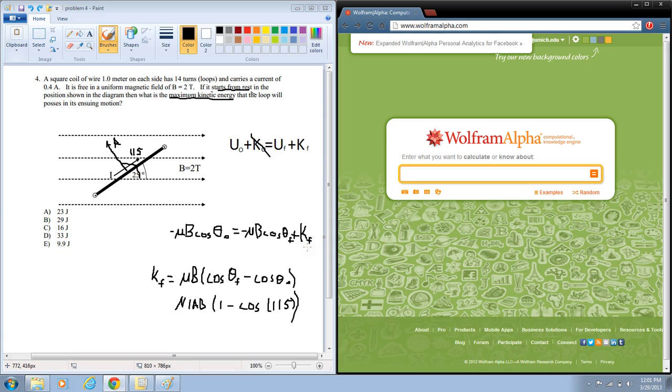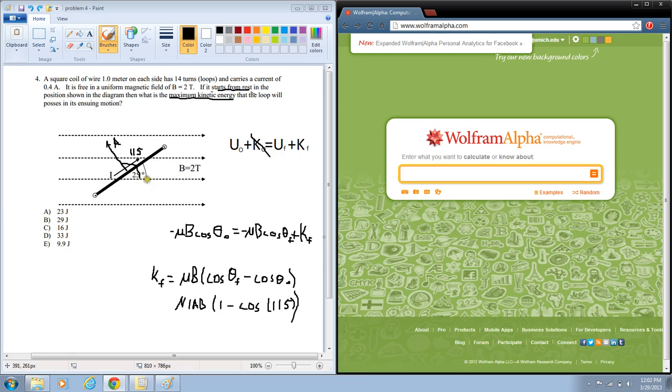Solving for our final kinetic energy, we're then given the final kinetic energy equals mu B, as we pulled out from these two equations, times cosine of theta final minus cosine of theta initial. This mu B also equals NIAB, which can then be multiplied by 1, considering we're given our A vector here to be perpendicular and pointed in this direction using the right-hand rule.